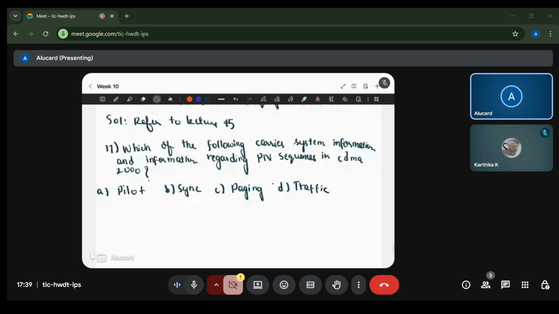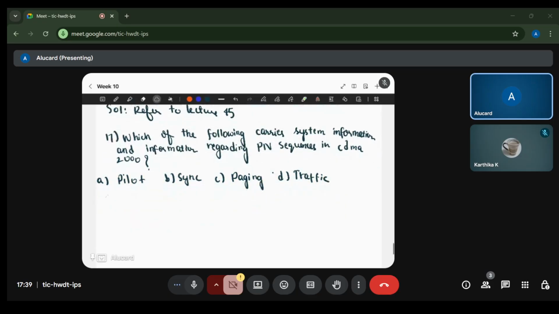Again, the options are the same. This is also given in lecture 45.